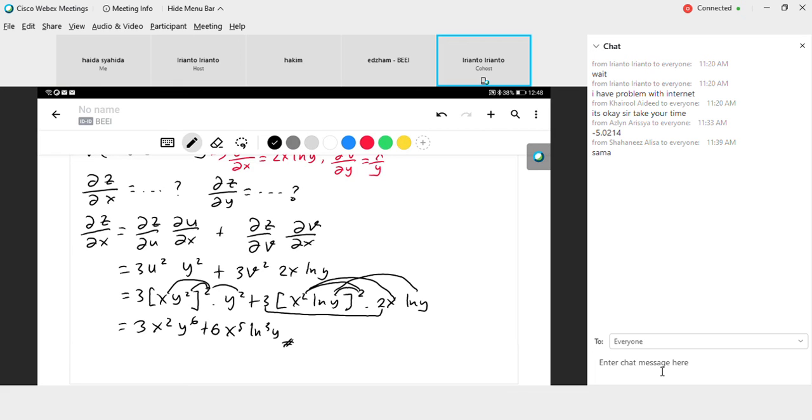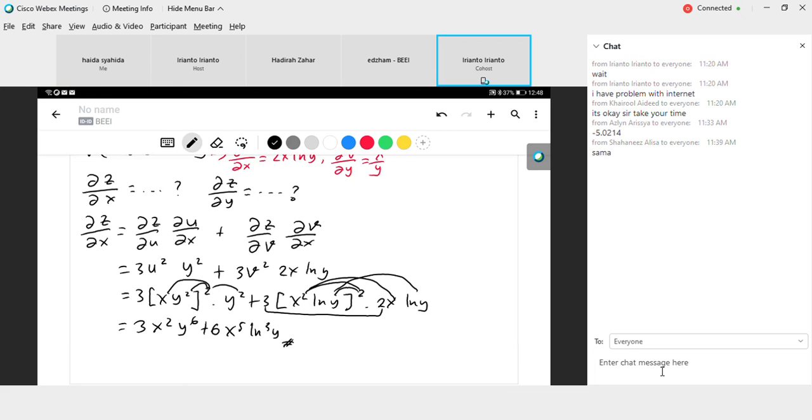Understand? It is the same as before. Everything is the same. Everything will be just like this. They will only change the variable, they will only change the function.